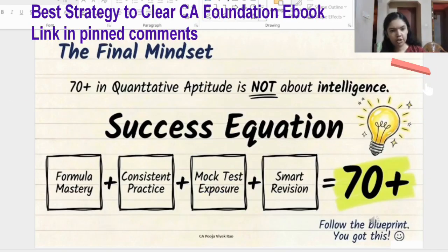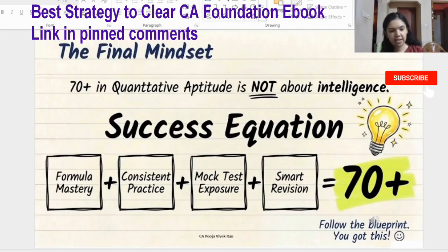So if your goal is to score 70 plus in quantitative aptitude, remember this. This paper is not about intelligence, it's about formula mastery, consistent practice, mock test exposure and smart revision. Most of the syllabus is application based and highly scoring.